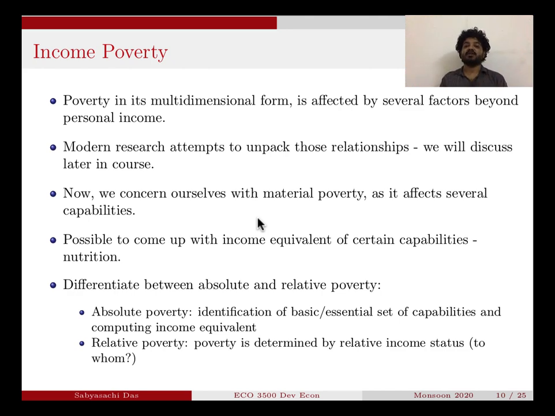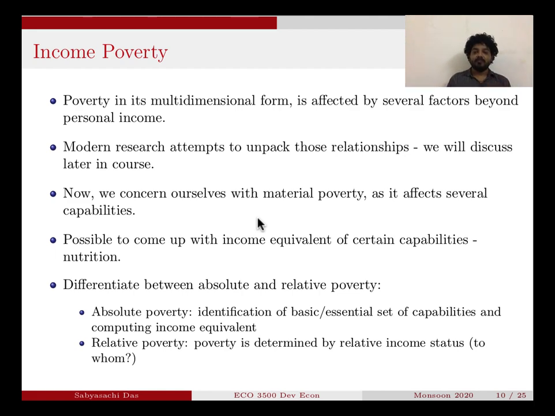So nutrition is something which you can meet in terms of purchasing food through having more income, and therefore one aspect of poverty will be malnutrition or lack of nutrition, and one can compute the income required to sort of escape that kind of unfreedom.